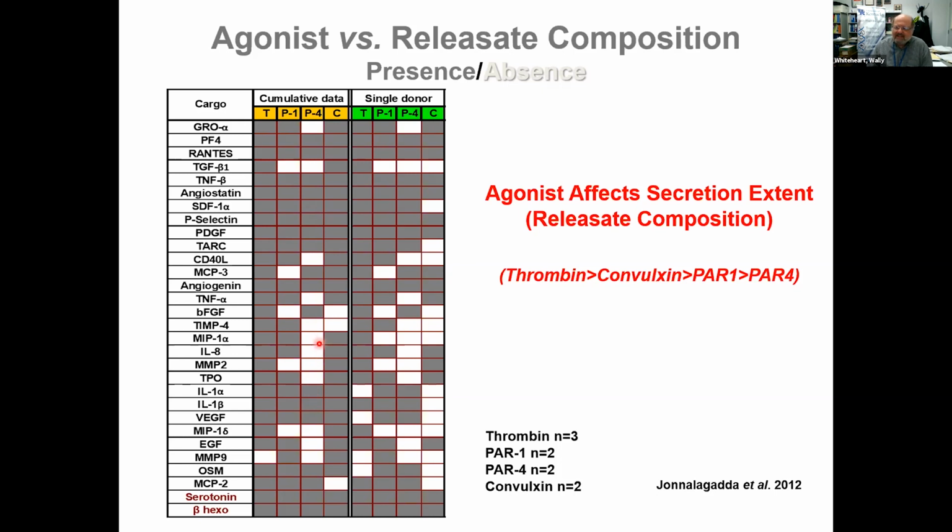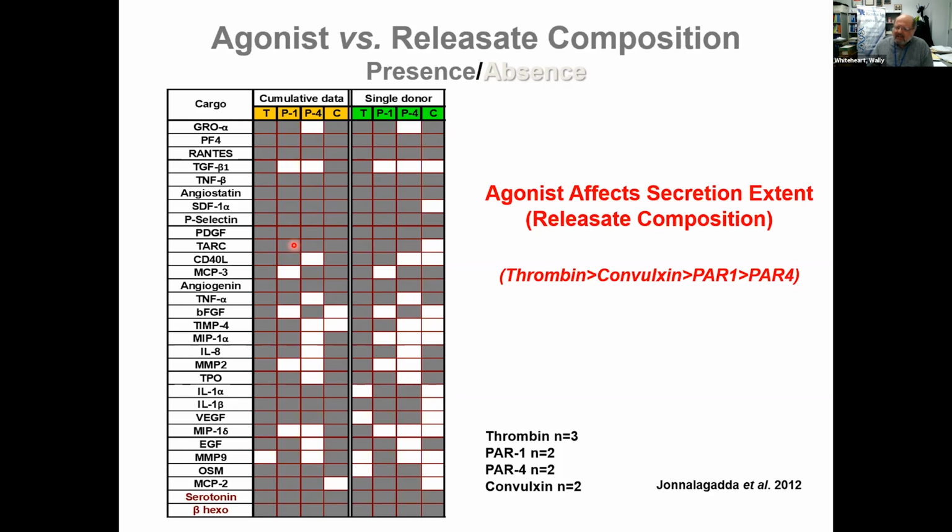They're too low to be detected in our array data, so their levels in the releasate are too low. So it tells you that the different agonists can lead to different levels of release of these different molecules. And again, there's a dependence on strength of agonist and complexity of the releasate.